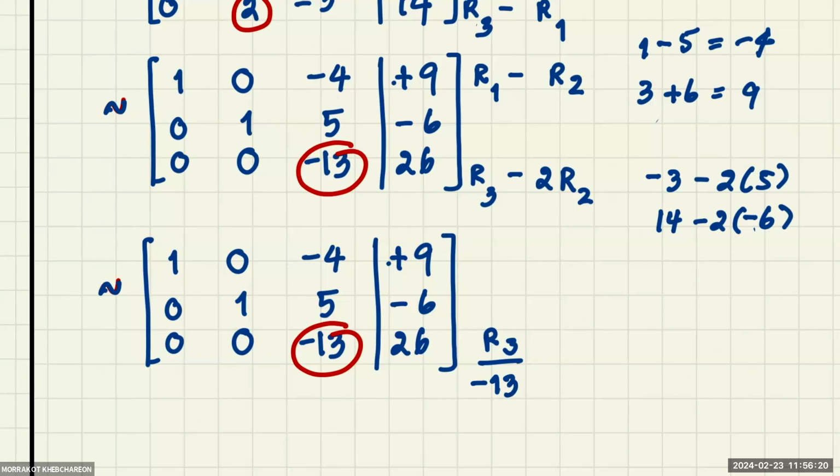Okay, so this is going to be 1 and minus 2. Is that correct? Yes. Okay, now I'm going to make this and this equal to 0 by using this as the pivot.